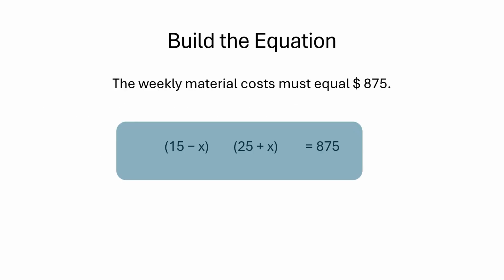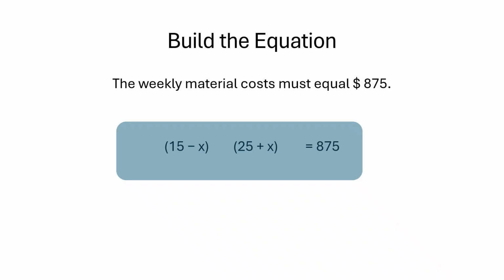Now let's build the equation. The weekly material cost must be equal to $875. Now, all of your answer choices are going to be set to this amount, but it's important to take a look at what you have and set your equation up carefully. Weekly material cost means cost per bracelet multiplied by the number of bracelets.